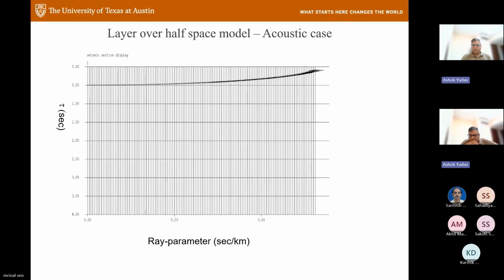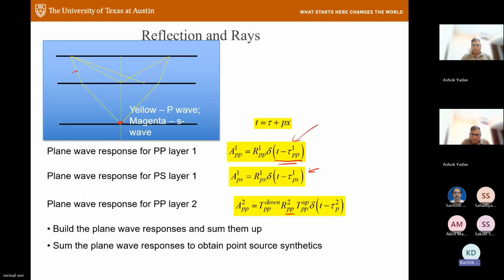I mean, the delta function was there, right, sir? In the equation you wrote RPP times delta of t minus something. Is it because of that delta function that the amplitudes are behaving like that? The delta function is shifting in time. What other factor was there in the synthetic case? The reflection coefficient also.